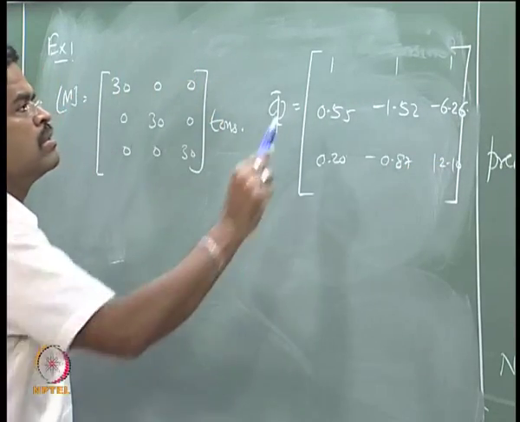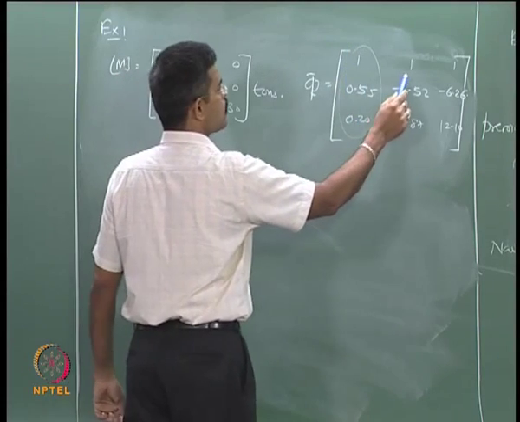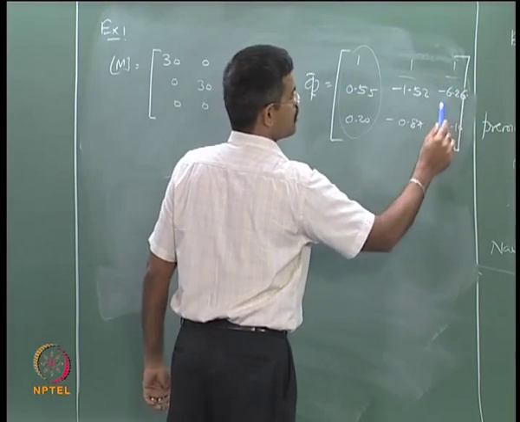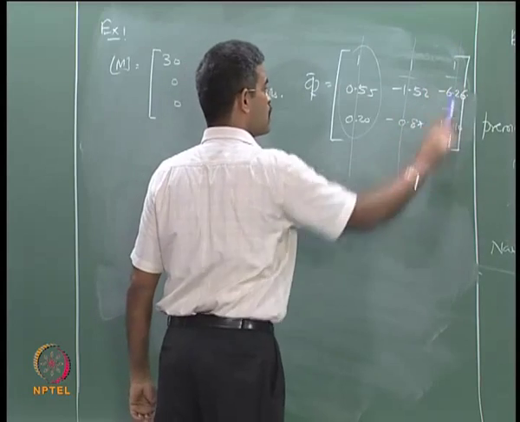You can easily make out there are no zero crossings in the first, there is one zero crossing here, and there are two zero crossings here. So first mode, second mode and third mode.